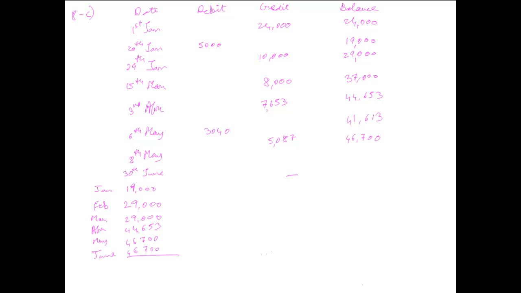That's 19,000 plus 29,000 twice, plus 44,653 plus 46,700 twice. That gives us, children, 2,15,053.